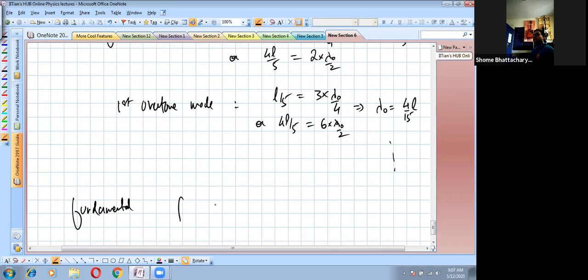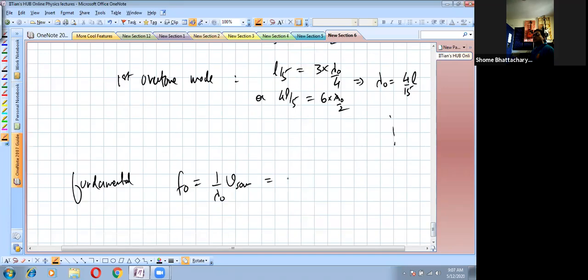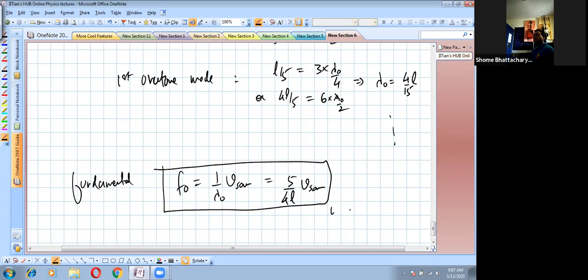So the fundamental mode has a frequency of 1 by lambda naught into speed of sound. So that in this case is becoming this much, 5 by 4L into speed of sound. This is with hold.